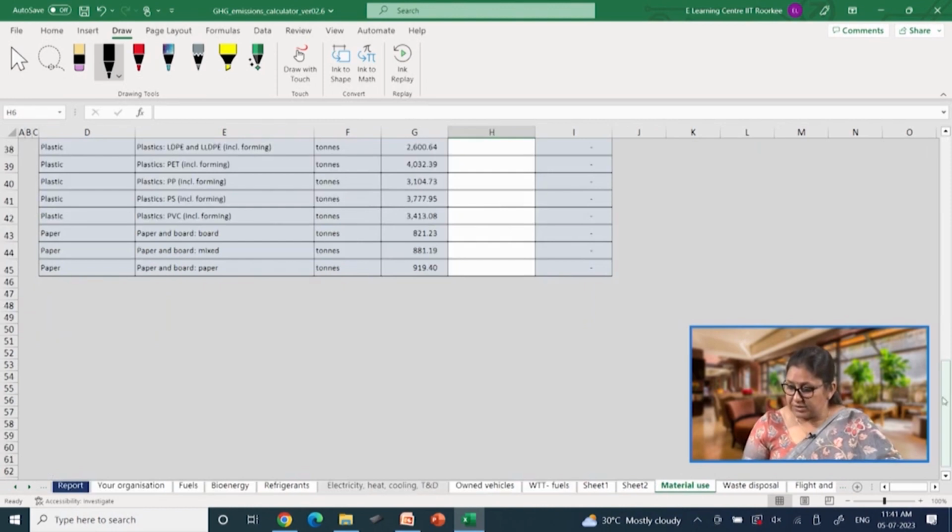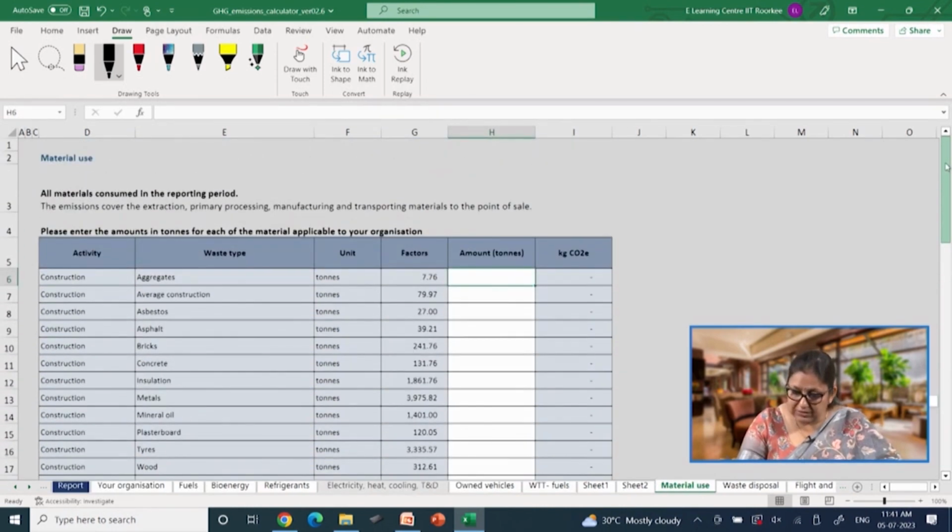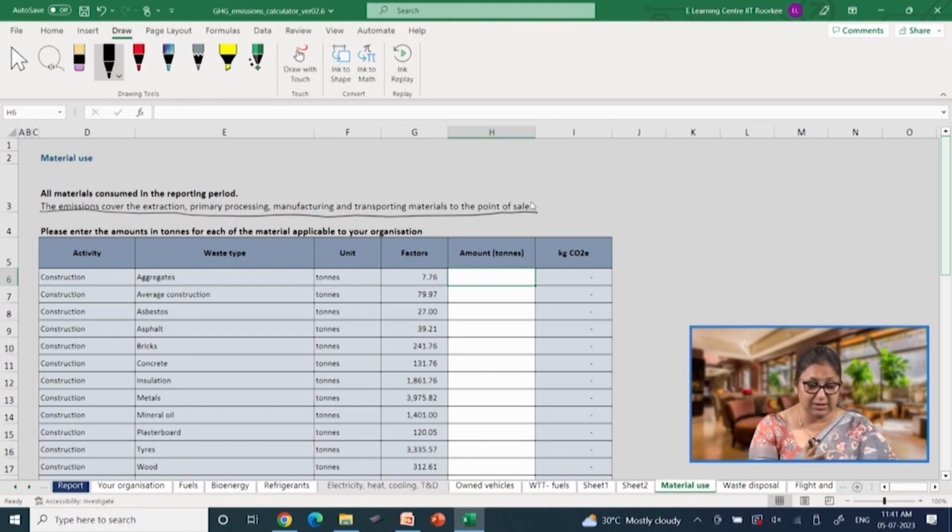Now, we have material use. So, what are the different materials that are going to be used? Now, this is the emissions over the extraction, primary processing, manufacturing and transporting materials to the point of sale. This is similar to the calculation tools that we found for aluminum or steel or glass, specific calculation tools like those.